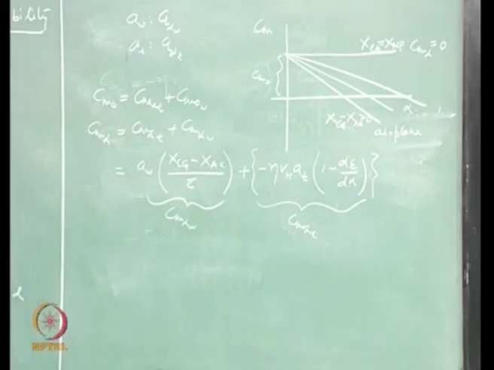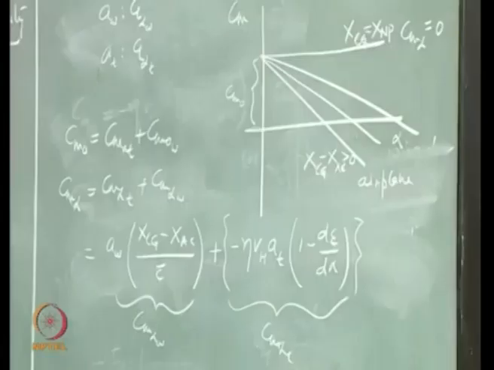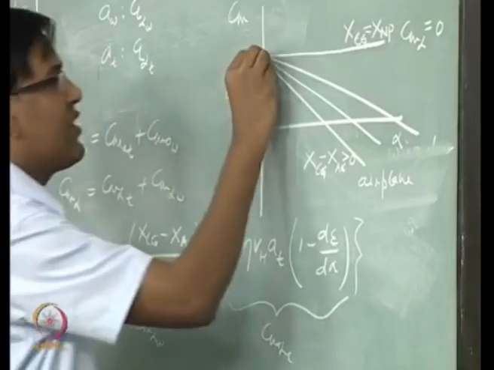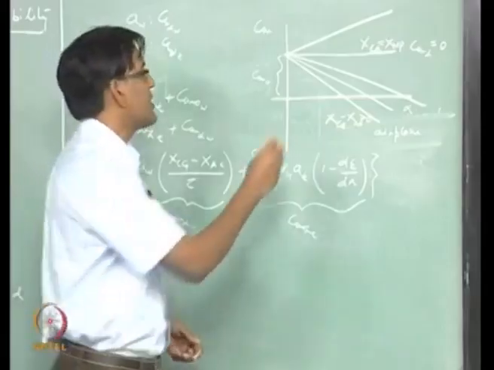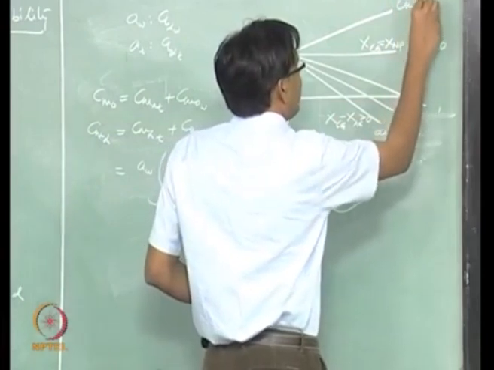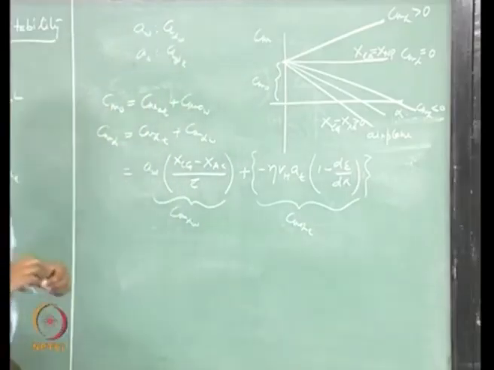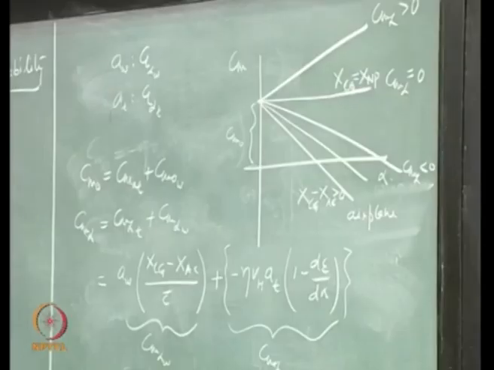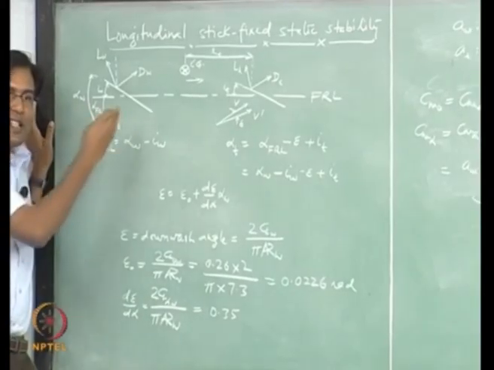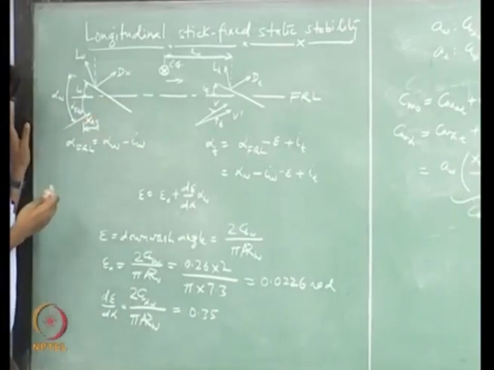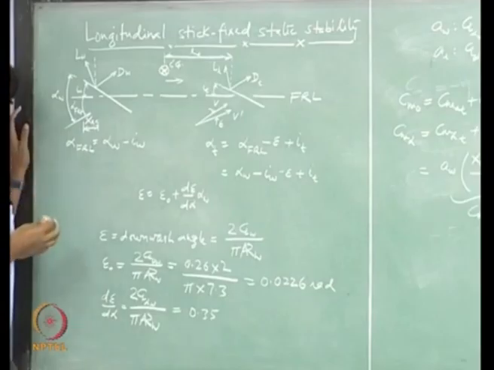If you move your CG beyond this point, then what happens? The slope will look something like this. So, the CM alpha curve is positive, right. So, clearly we have to also ensure that this CG is lying ahead of the neutral point, right.